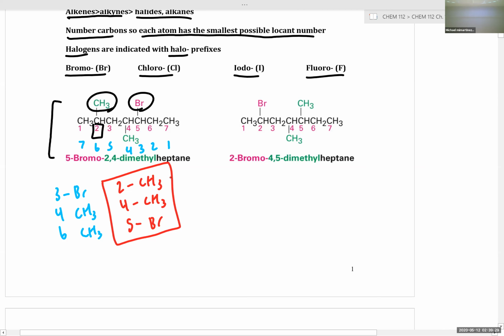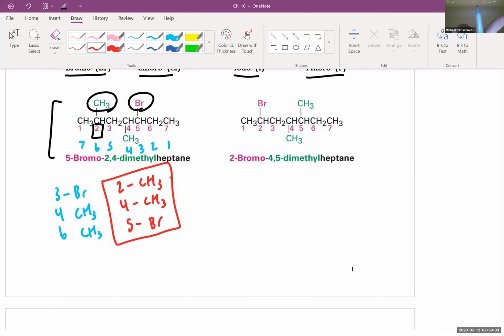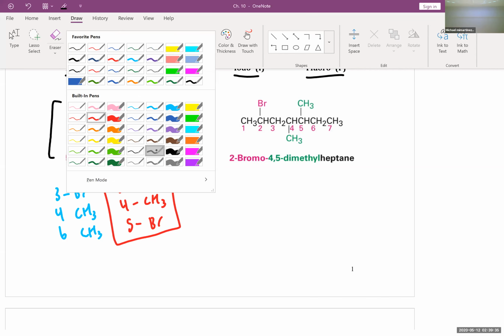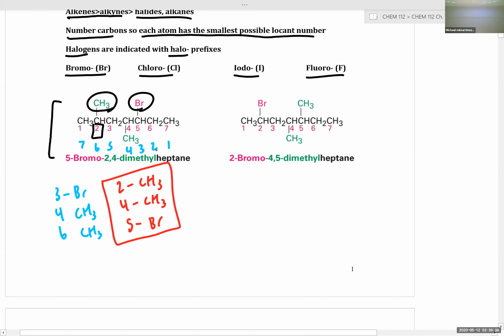So the halogens don't get any special priority over alkyl groups. Does that make sense so far in terms of naming alkyl halides? Treat your halogens like just another functionality, like just another alkyl chain, for example.